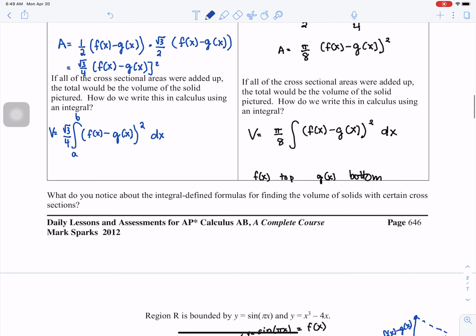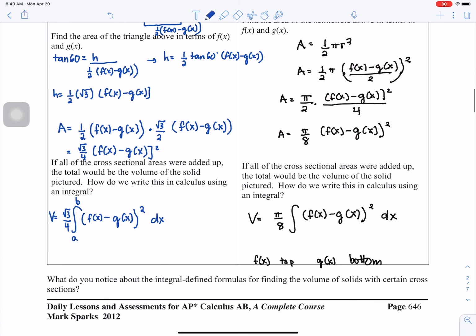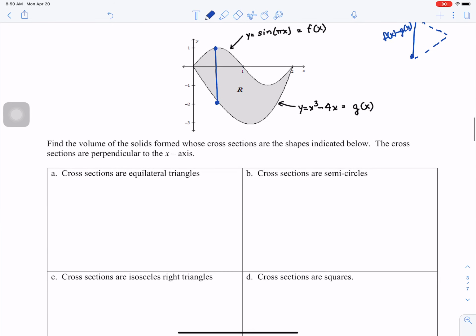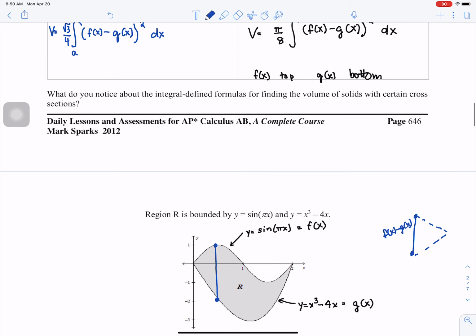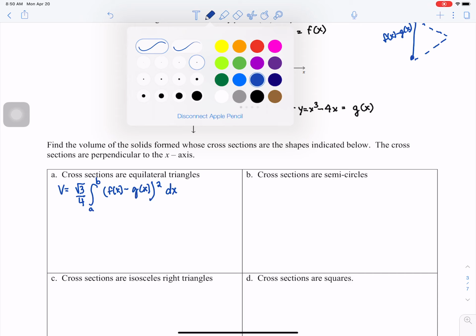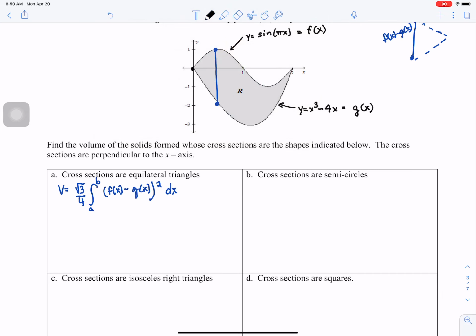So following the volume formula we just derived, the volume would be root 3 over 4, integral from a to b, f of x minus g of x, all squared dx. We know my f of x and my g of x. According to my diagram, the shading starts at 0 and the cross section ends at 2.